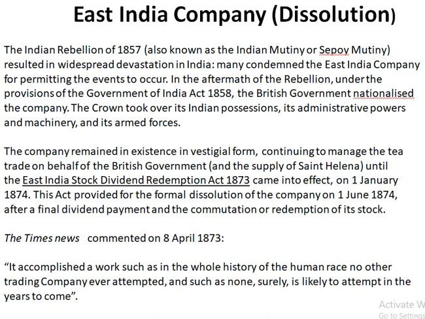This act provided for the formal dissolution of the company on 1st June 1874 after the final dividend payment and the commutation or redemption of its stock. Then all the stock of the East India Company was divided, and whatever share belonged to the shareholders was given to them, and the East India Company was completely abolished in 1874.